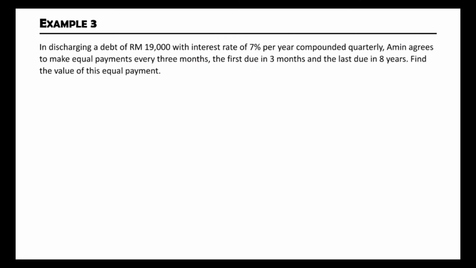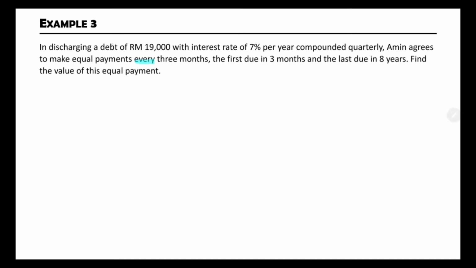Example 3. In discharging a debt of 19,000 ringgit with an interest rate of 7% per year compounded quarterly, Amin agrees to make equal payments every 3 months, the first due in 3 months and the last due in 8 years. Find the value of this equal payment. So every 3 months means this is an annuity. To decide whether this is A_n or S_n, we look for the keyword.